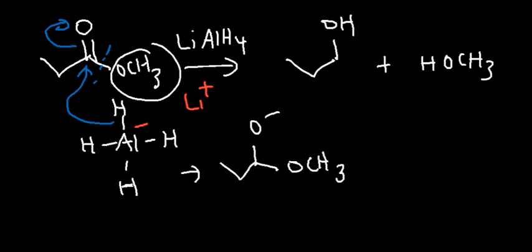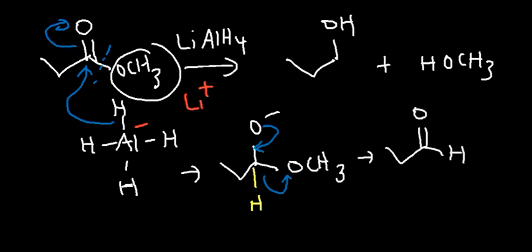That's what makes acid chlorides extremely reactive. However, OCH3, the methoxy group, is not really a good leaving group. Nevertheless, it still could leave though. And because it's a poor leaving group, esters are much less reactive than acid chlorides. So this oxygen forms a double bond, and then it's going to expel the OCH3 group. So now we have an aldehyde.